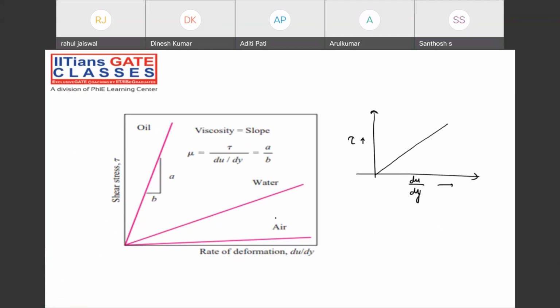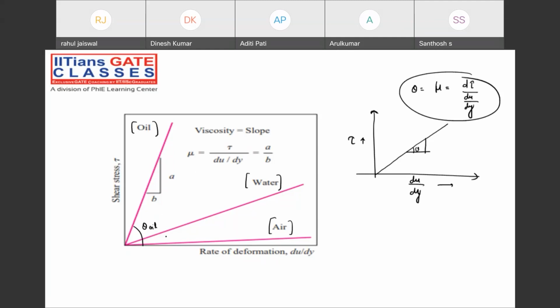But who has more viscosity, if I ask you, among oil, water, and air? Because you know that whatever slope you find, theta, the slope is directly the viscosity, d tau by du by dy. So which has more slope? Theta of oil, theta of water, and this is theta of air.